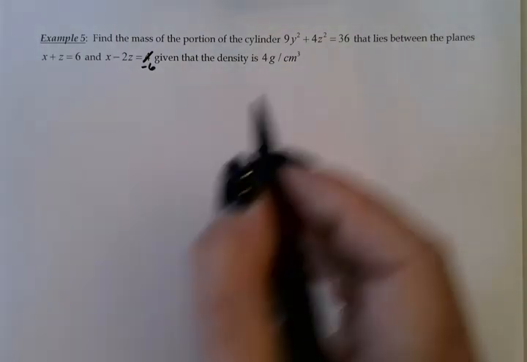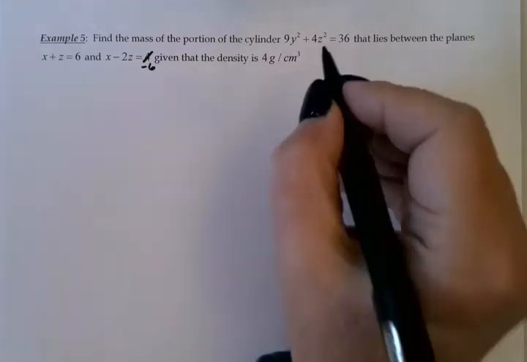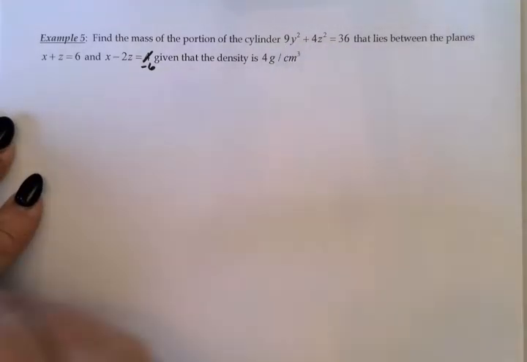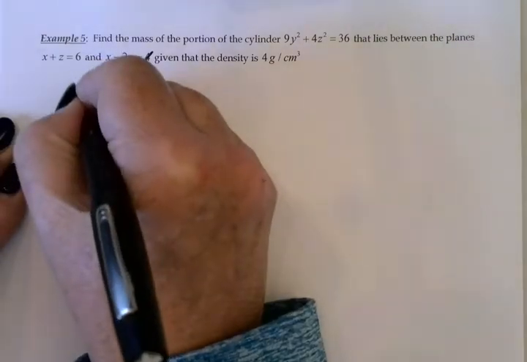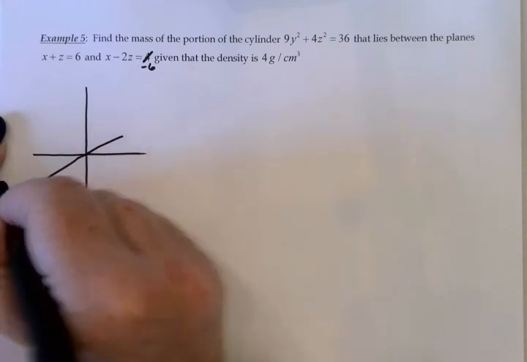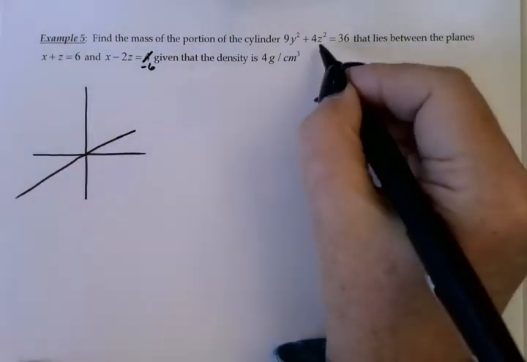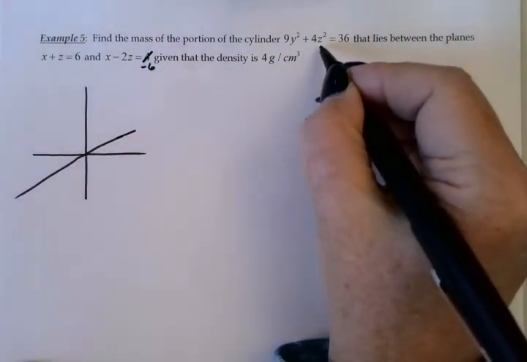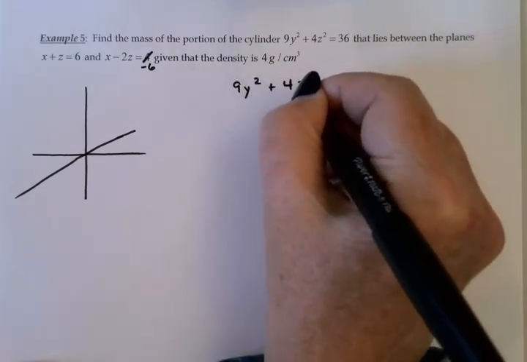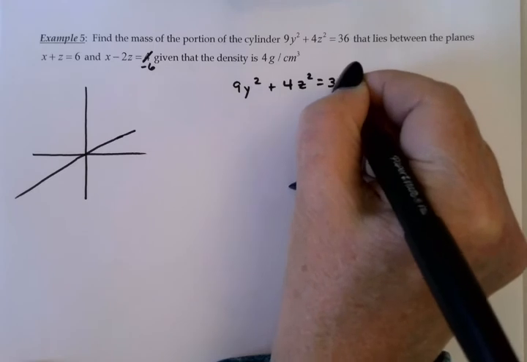So I'm going to start by imagining what this looks like. This cylinder is an elliptical cylinder. If I think about the ellipse itself, 9y squared plus 4z squared equals 36.